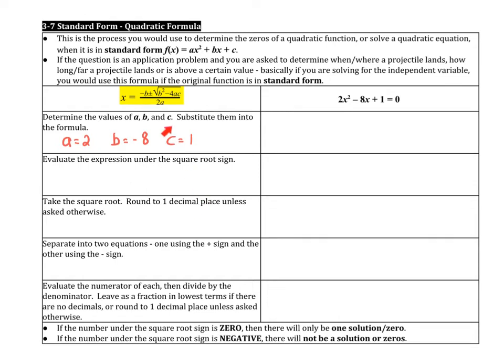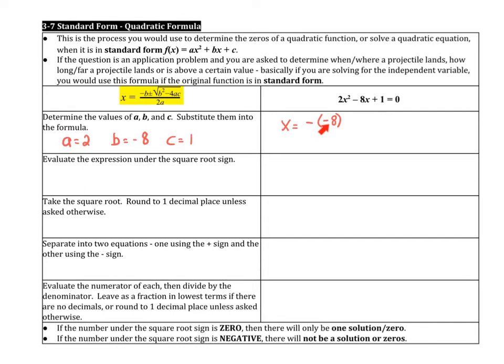When you substitute, it's important to realize that that negative there in the formula is not the same as that negative there. So when you substitute the -8 into the formula, you're going to write x equals, so it's -b, and b is -8.